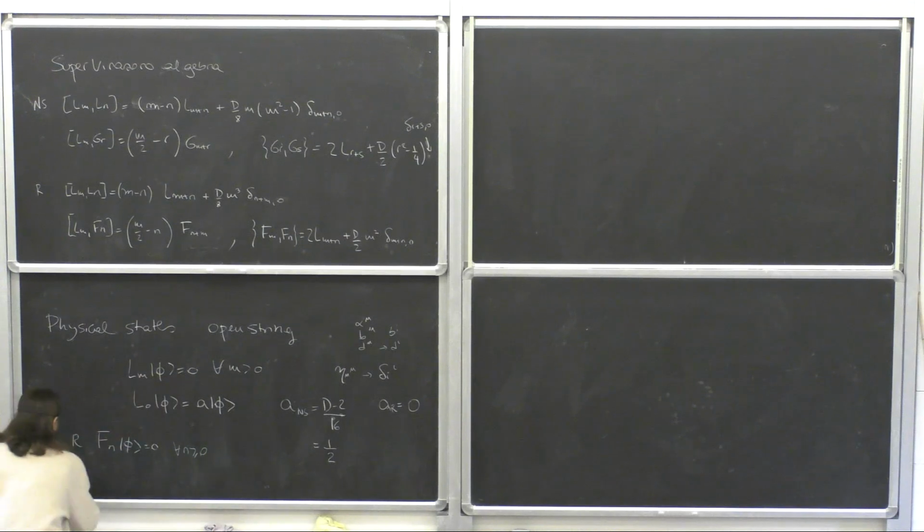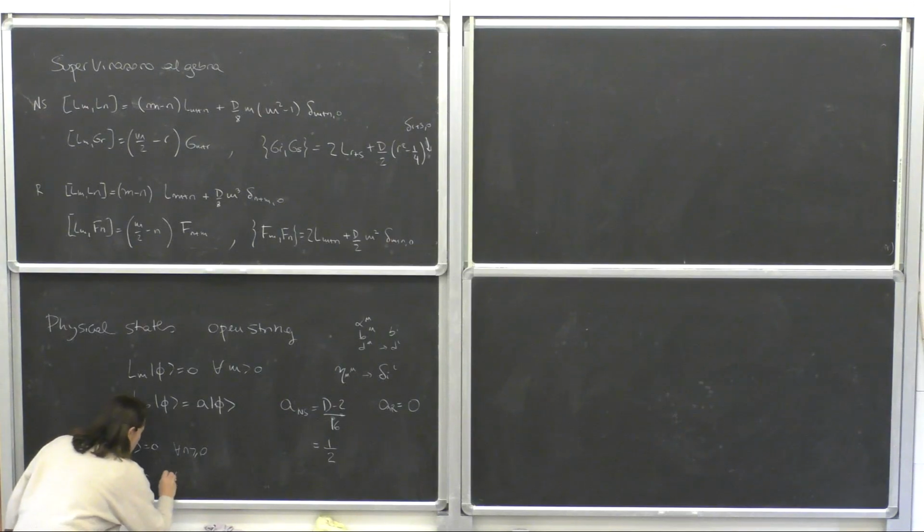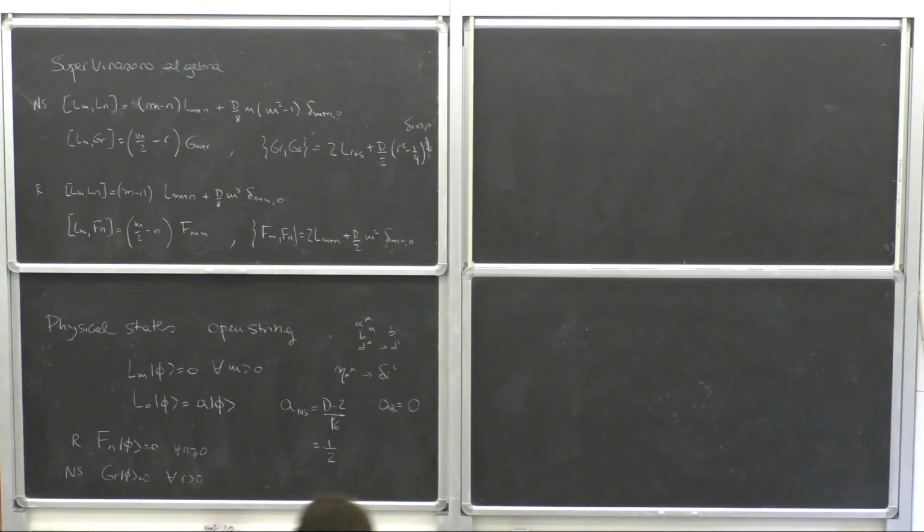And in the NS sector, there is not much doubt because this starts from r equals 1/2. So those are the physical state conditions which come from the constraints.